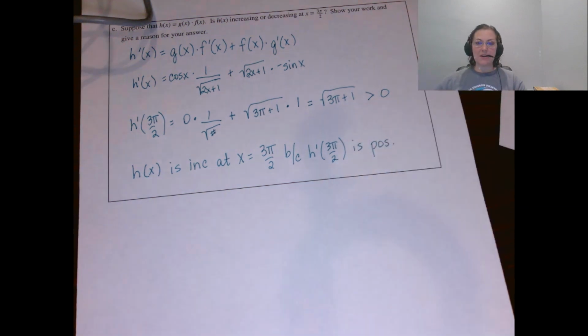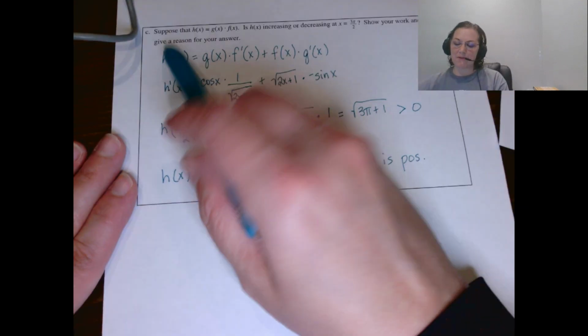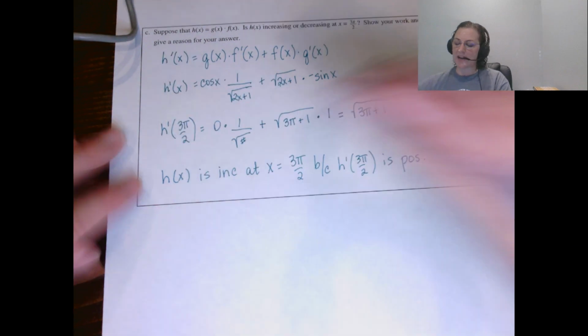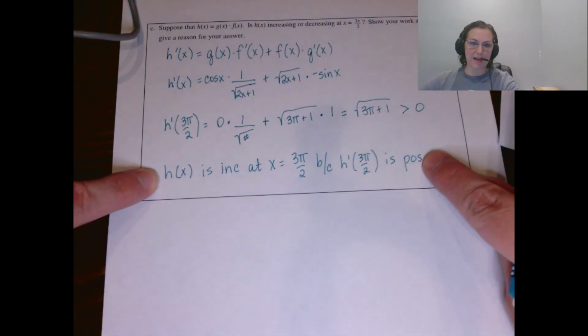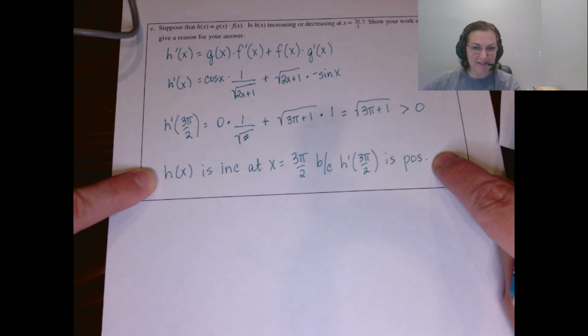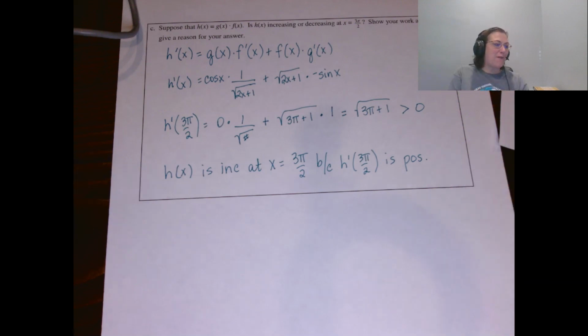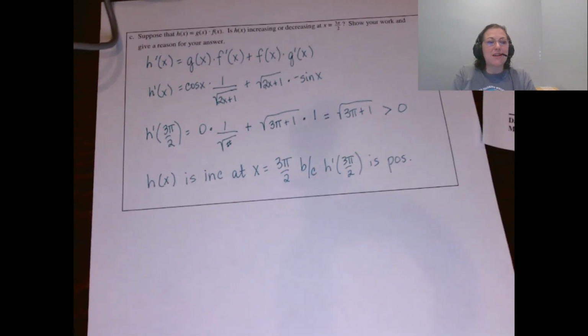Okay, very important. We showed our work, but remember when AP says give a reason for your answer, this is the golden sentence, right? Don't leave out any part so that you get full credit for the parts of this one.